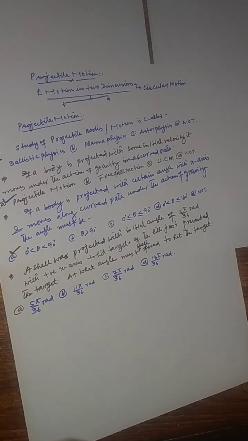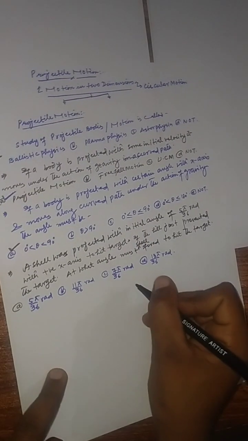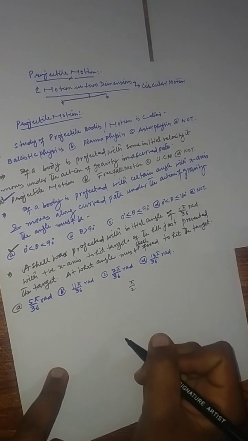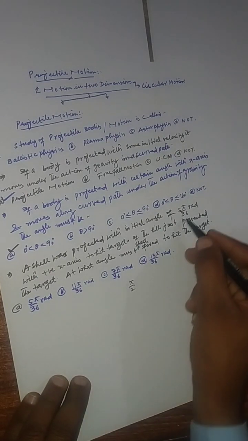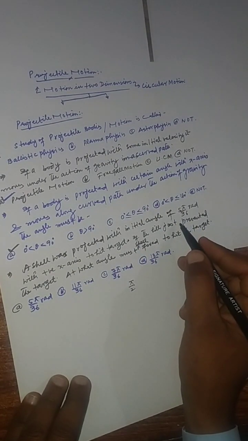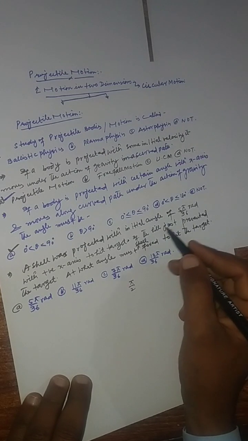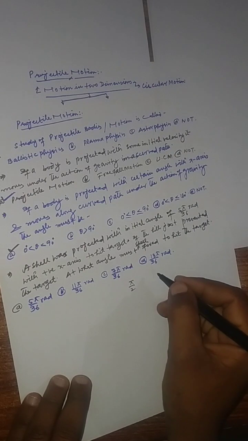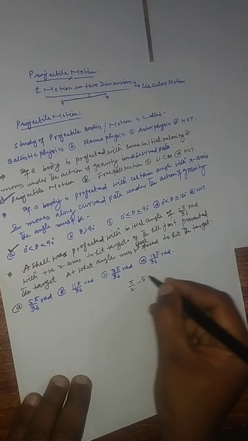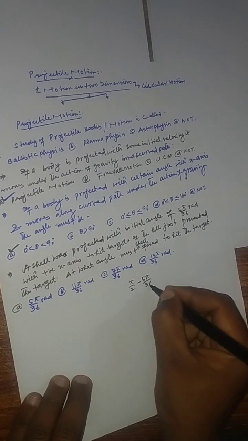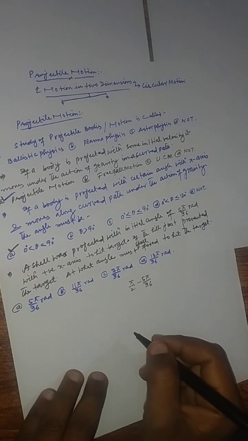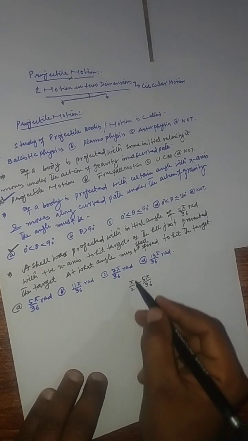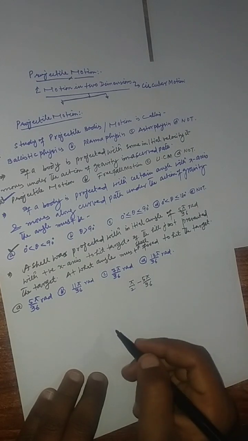As we discussed, for the oblique projectile motion, the maximum angle must be pi by 2. If a shooter fires the shell at an angle 5 pi over 36, then we have to subtract 5 pi over 36 from pi over 2, because this is the maximum angle.